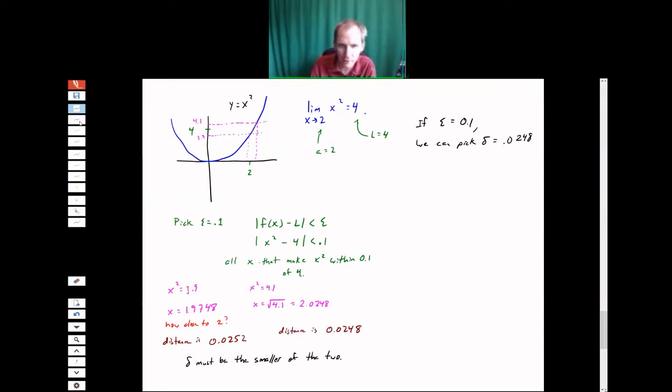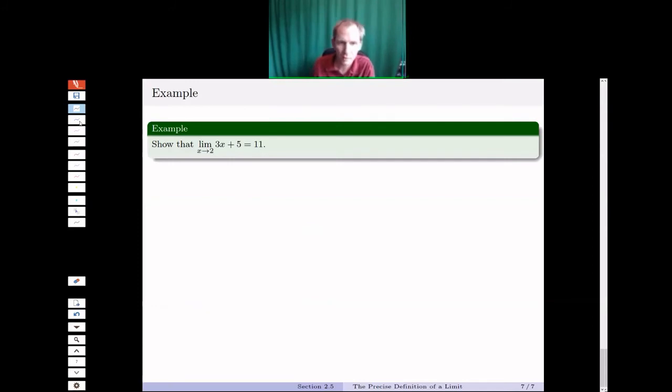Okay, let's look at another example. This time what I want to do is actually show a limit using that definition.